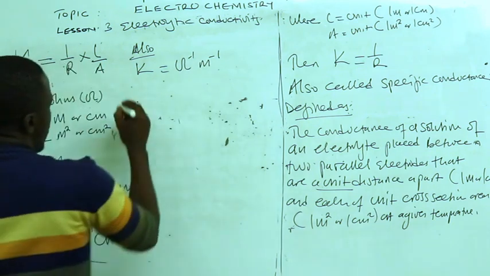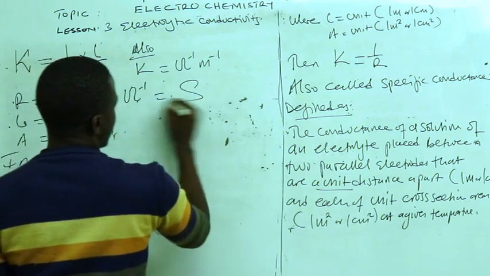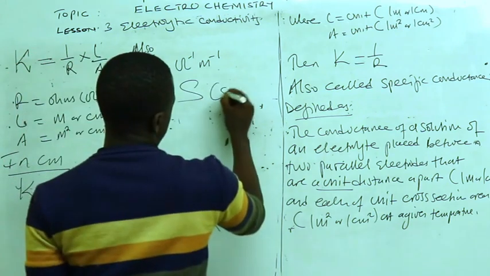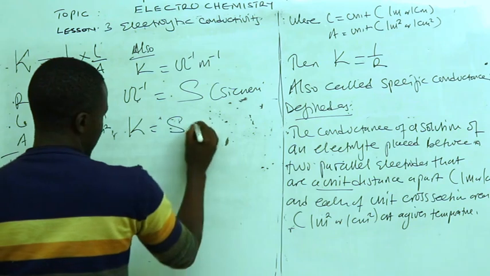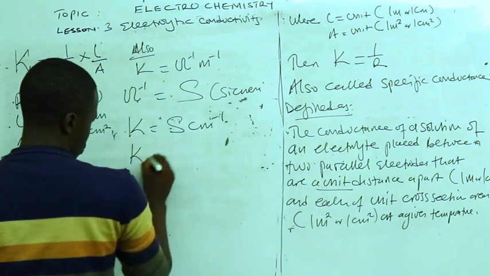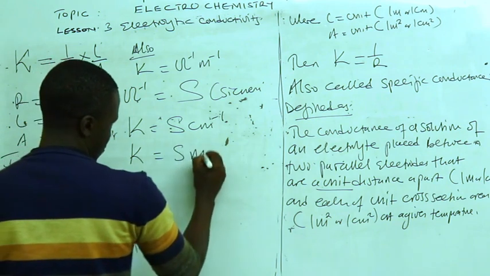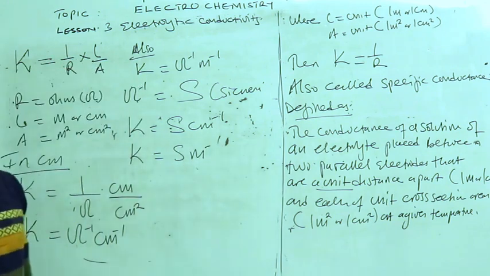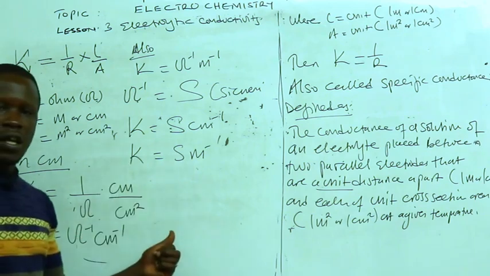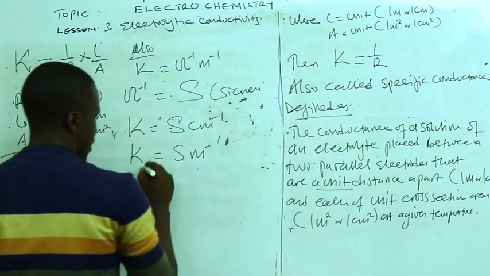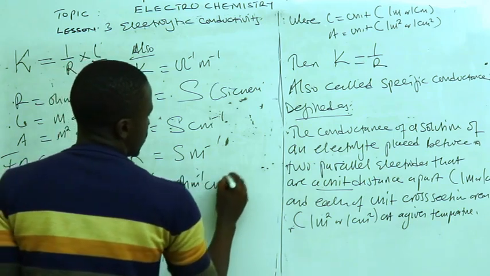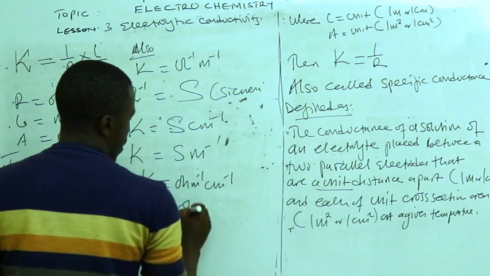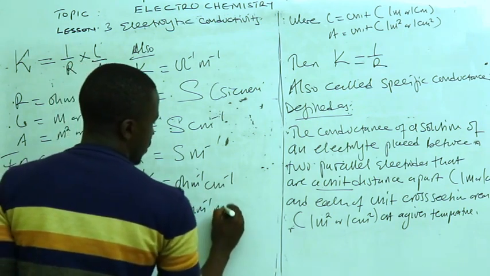Now, per ohm has a modern unit called Siemens, S. So you can find K as S per centimeter, or you can find K as S per meter. These are all units of electrolytic conductivity. Sometimes we can even write the words and say K is per ohm per centimeter. We can as well say per ohm per meter.